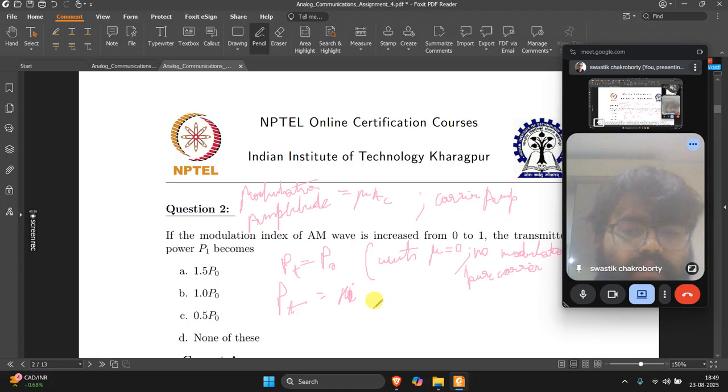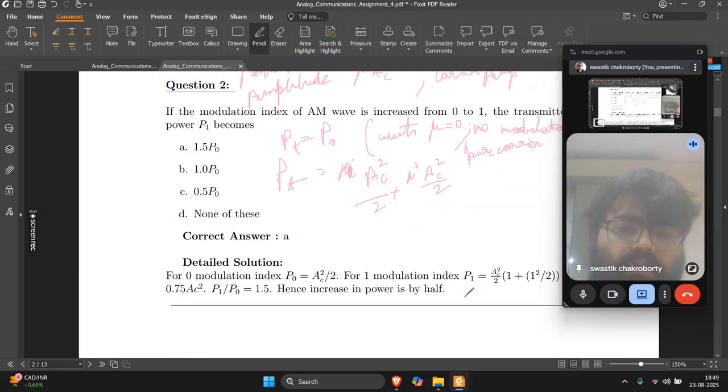So it is AC square by 2 plus mu square AC square by 2, and this one gets multiplied by 1 by 2 because you only take one side band. So AC square by 2 is P naught, and mu is 1.